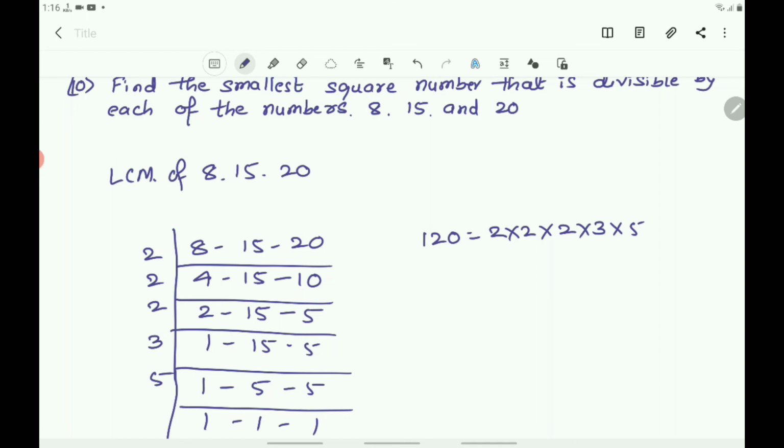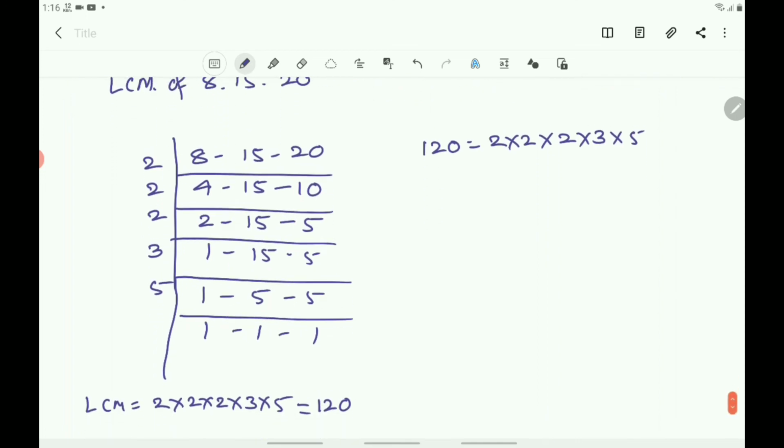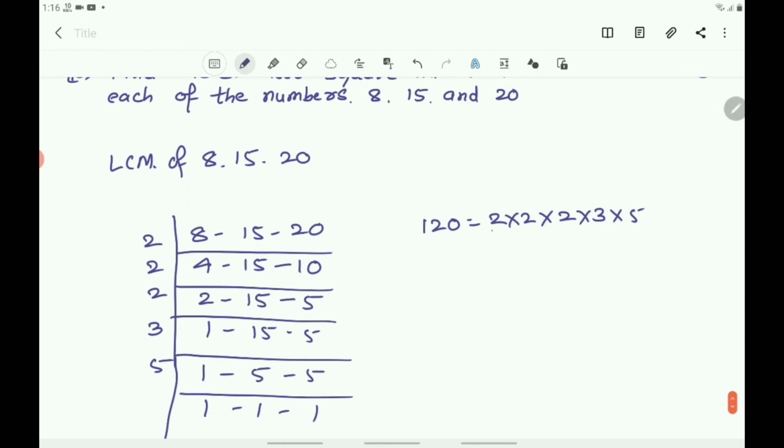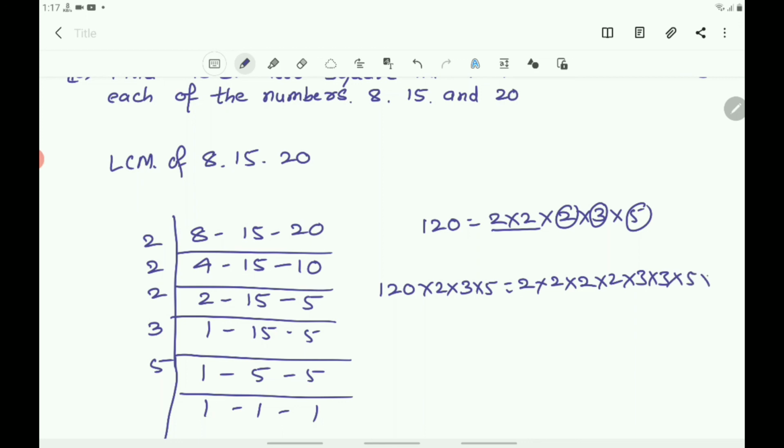Now you try to make the pairs here. Here one pair is there, but 2 is single, 3 is single, 5 is single. So you must multiply the numbers by 2 into 3 into 5 to make the pair here. So you take 120 into 2 into 3 into 5 equals 2 into 2 into 2 into 2 into 3 into 3 into 5 into 5.